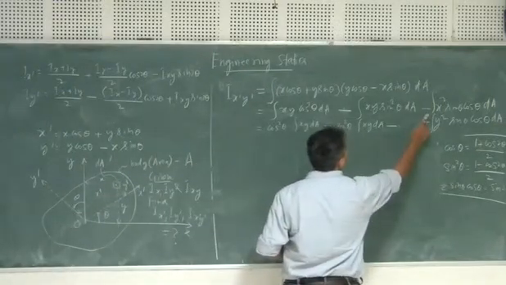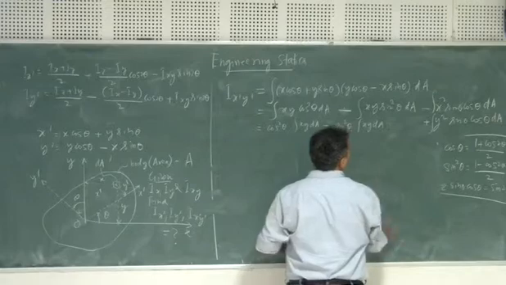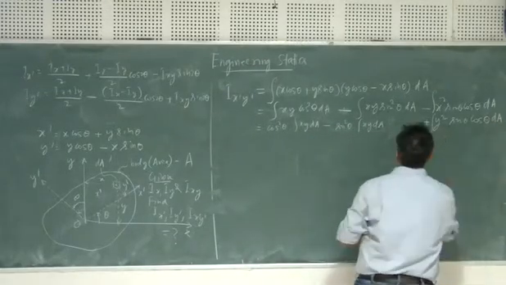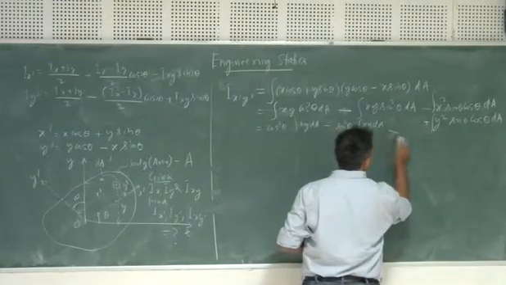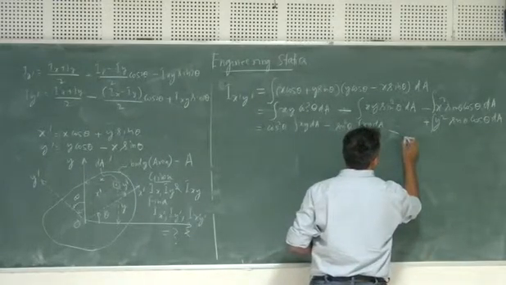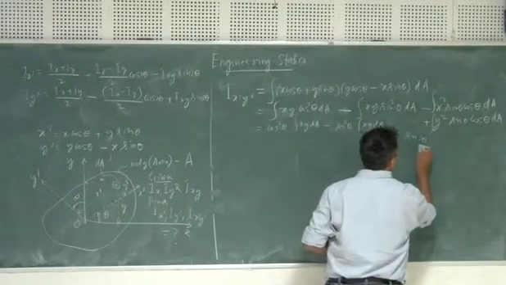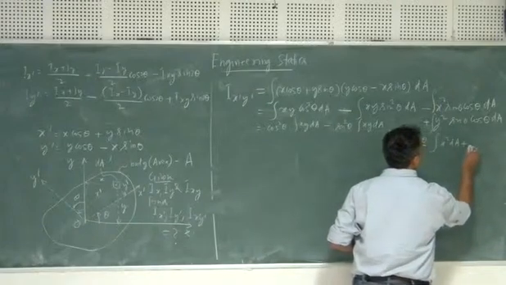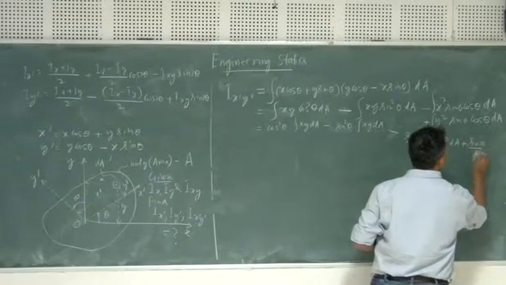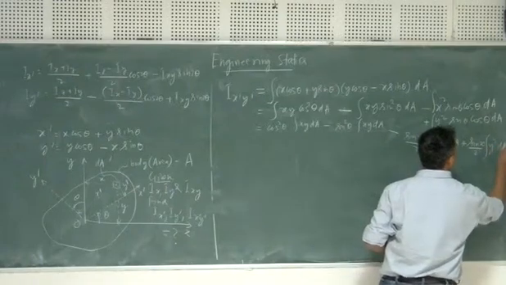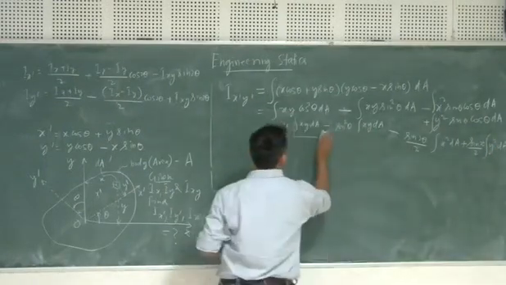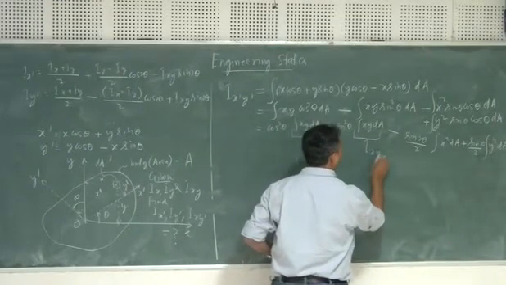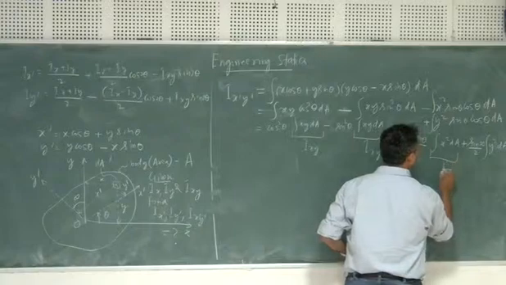Continuing this particular statement, sin 2 theta by 2 plus quantity, this quantity is Ixy, one is Iy.